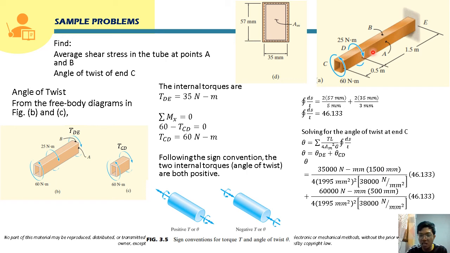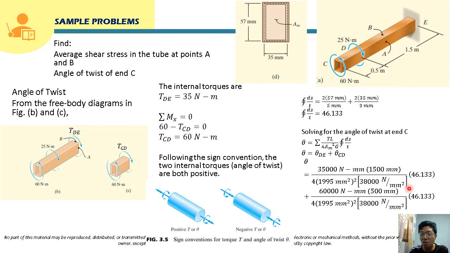The length of DE is 1.5 meter, so that will be 1,500 in millimeters, over 4 times Am squared. This is the same Am that we computed in part 1, which is 1,995 millimeters squared. Don't forget that this is squared, so we will square this further. And then for the shear modulus, that is 38,000 Newton per millimeter squared, which is given in the problem.